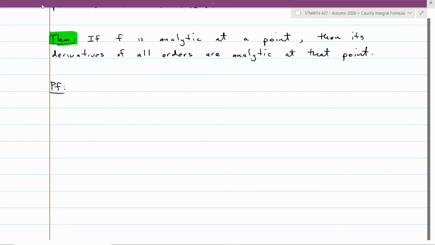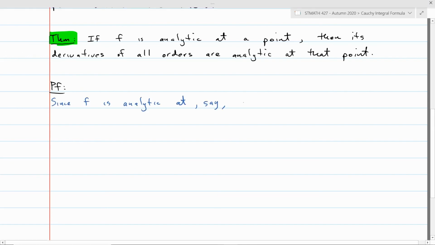So anyway, how do we prove this one? Let's start with the fact that we know f is analytic, and say the point where it's analytic is z naught. Then there exists some epsilon neighborhood of z naught, a circular disk centered at z naught, on which f is analytic.